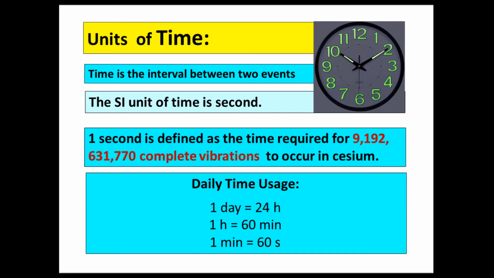The time is the interval between two events, and the SI unit is second. Second here is defined as the time required for vibrations to occur in a system. It's 9,192,631,770 complete vibrations.